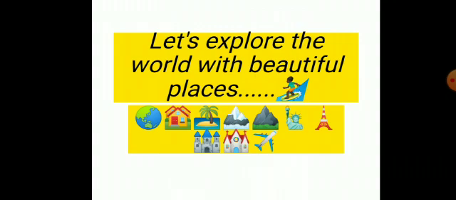We will start our journey with our incredible India. Here we can see a picture of Taj Mahal. Very good.